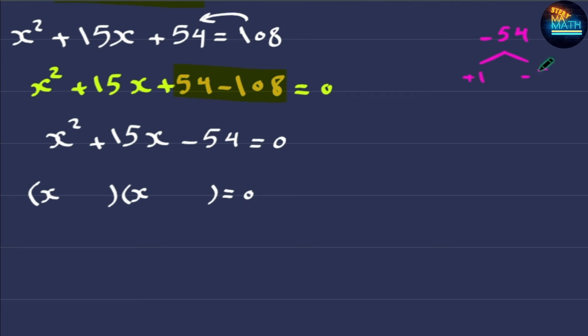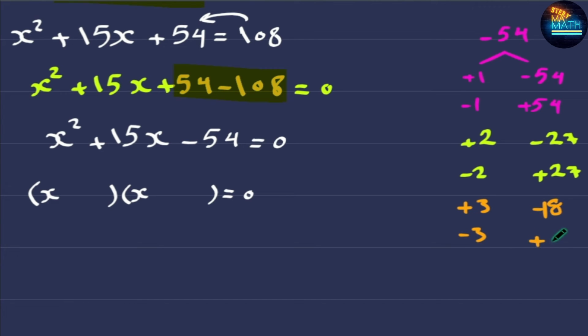So you have 1 and negative 54, negative 1 and positive 54, positive 2 and negative 27, negative 2 and positive 27, positive 3 and negative 18, and negative 3 and positive 18.